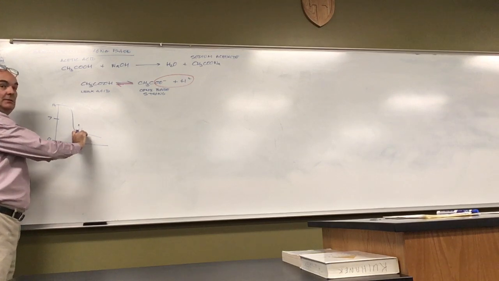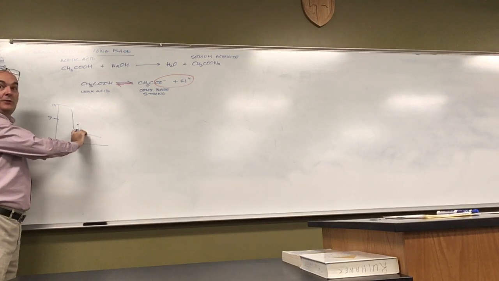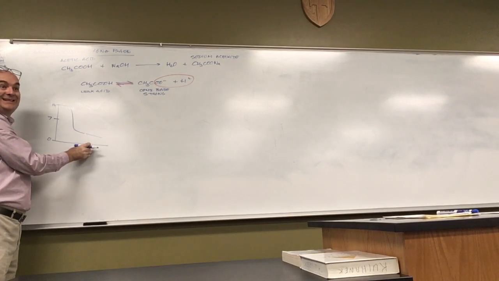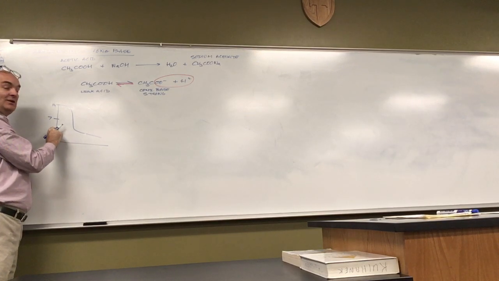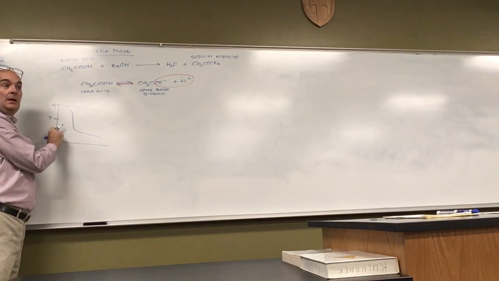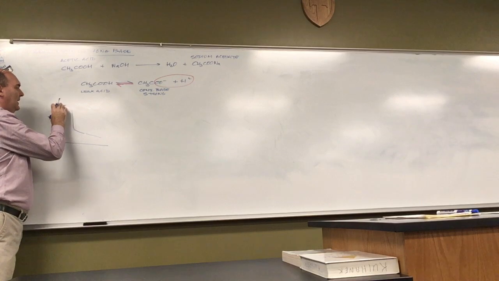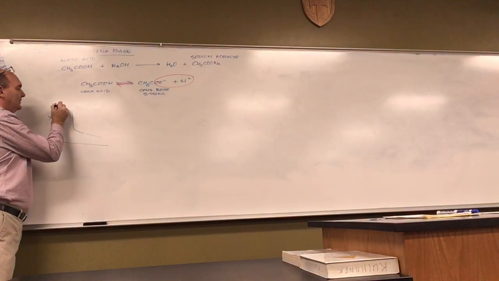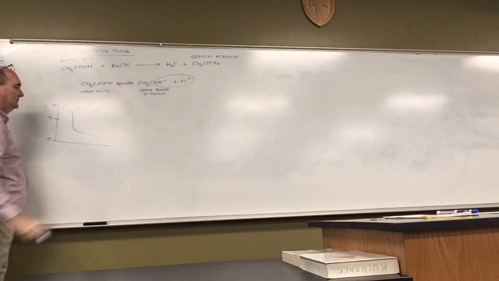This curve now is a lot further away from the baseline than it was before. When we did it in lab, we started at a pH of about 4. It was in the 4s even. And it went up, and then strong base is going to get close to 14.